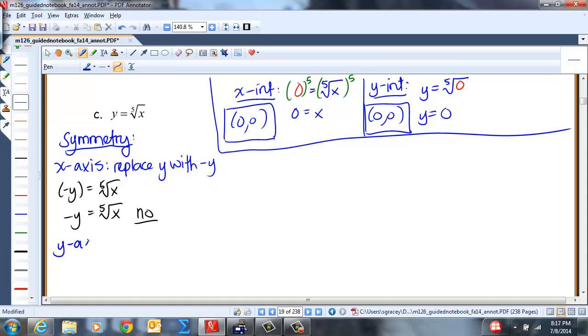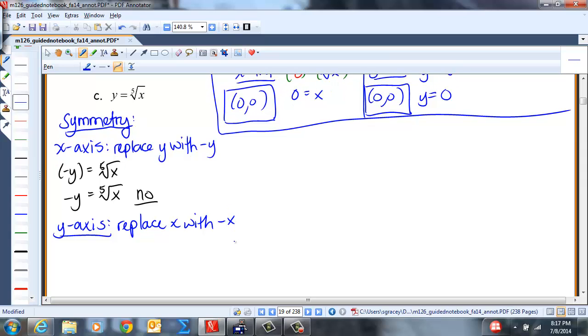Now we have our y-axis. We replace x with -x and see if we get the same thing. So that will give us y equals the 5th root of -x, which is, you've got a -1 to the 5th times x, so you can pull out a negative and you get the 5th root of x, and that is not the same.